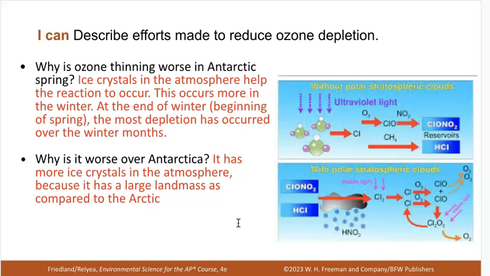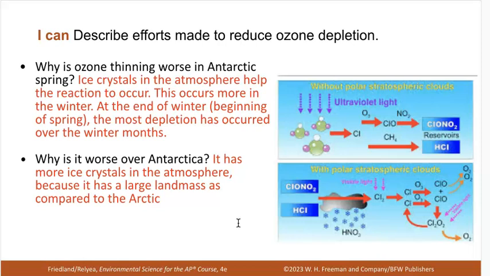And then why in the Antarctic spring? So really these bullet points should be switched around. So Antarctic spring is at the end of the Antarctic winter. Now remember, the southern hemisphere has opposite seasons from us. So this is actually September. So for us, it would be fall, but for them, it's their spring.